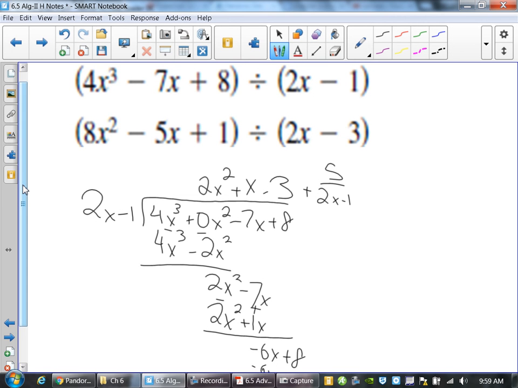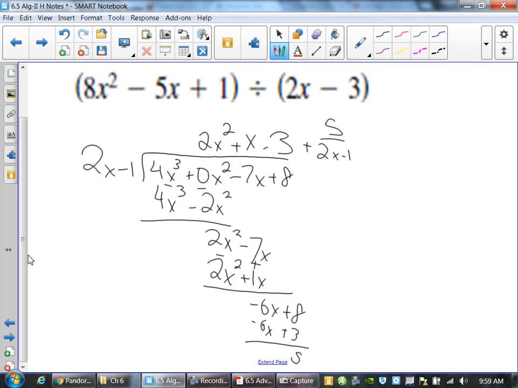Scroll down, I got the answers on the bottom. Why does 7x become positive? It didn't become positive. It was negative 7x minus negative 1, so that's where I got it. Okay. It's very easy to lose yourself in a sign.